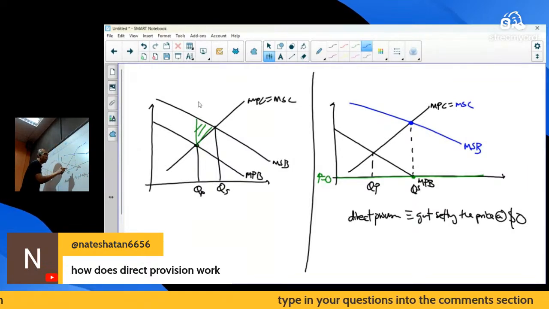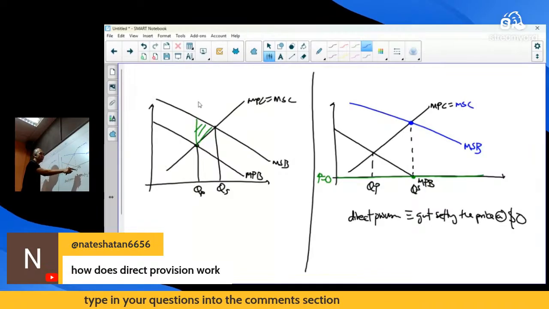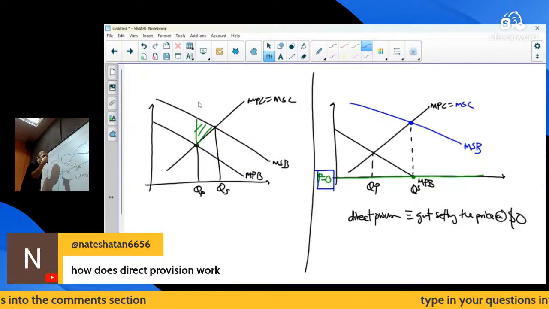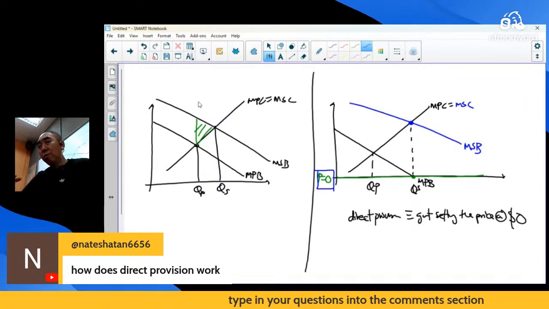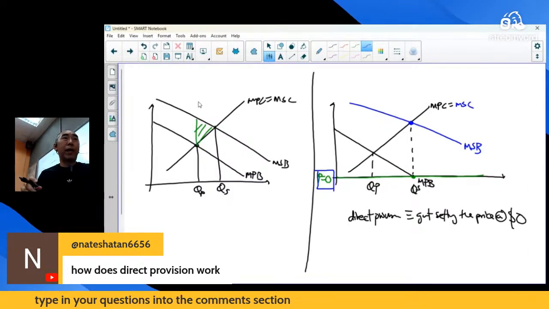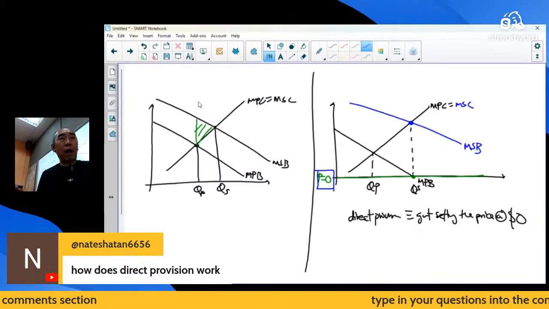That means the social optimum occurs when everybody consumes the good. Then how do we get everybody to consume the good? By the government setting price equals to 0. So you can think of this as a solution: the government setting price equals to 0 to get everybody to consume the good. That could be one way you can explain direct provision of a good with very significant externality.